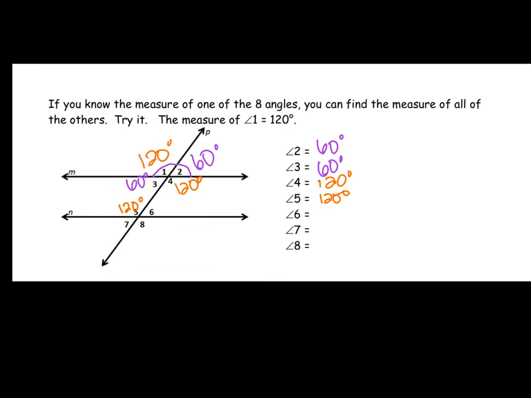Angle 6 is supplementary to angle 5, and it's also corresponding to angle 2, same side. So angle 6 would be 60 degrees. Angle 7 is also going to be 60. And angle 8 is going to be 120.